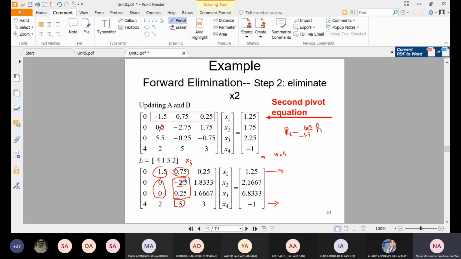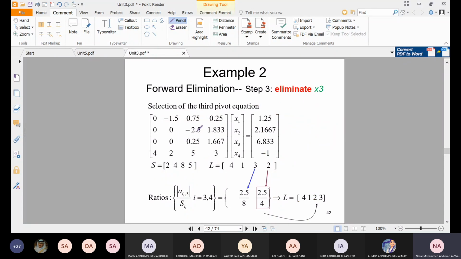So we'll do a ratio. I will take the ratio of this element in the buffed position of x3 with respect to the scaled vector that we have from the beginning. Here I have the magnitude, minus 2.5, over the maximum in the original, from the scale. The maximum for the original R3 is 8. So I will take 2.5 over 8.